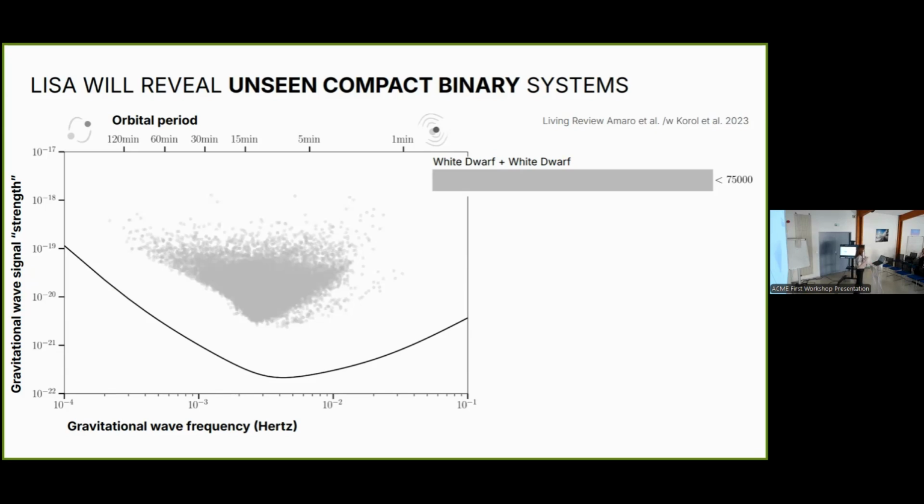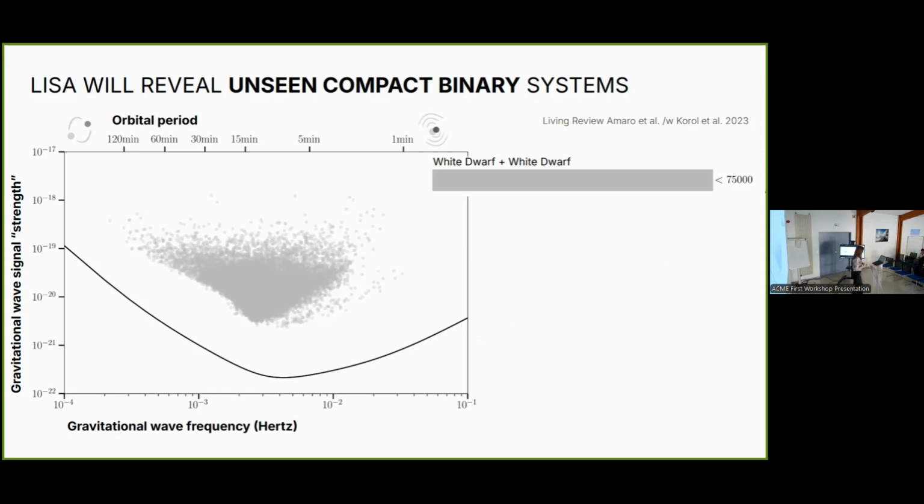On the other hand, these stars also evolve on very long time scales, much longer than stars that eventually turn into black holes and neutron stars. So they stay in our galaxy for a long time. And here I will be showing you an upper limit on our estimates.